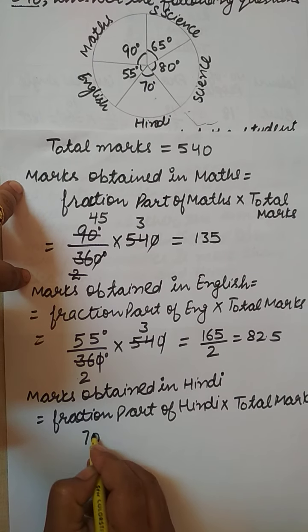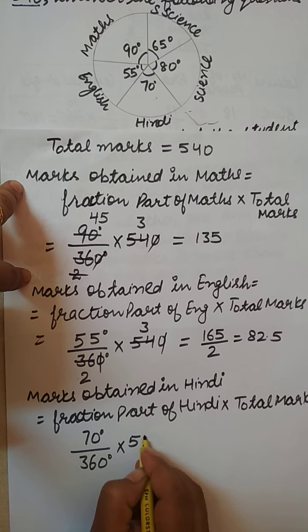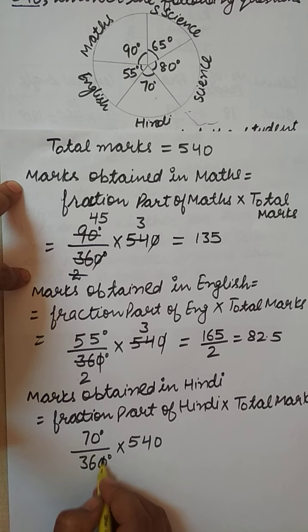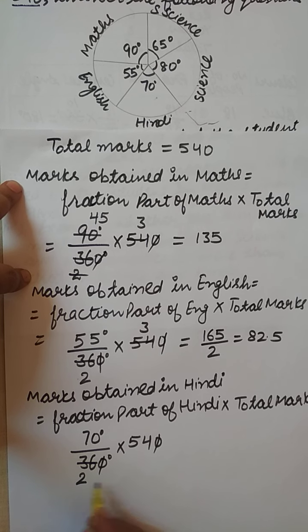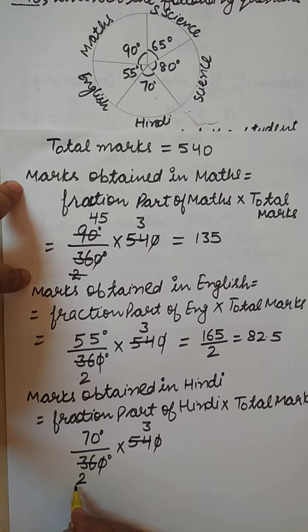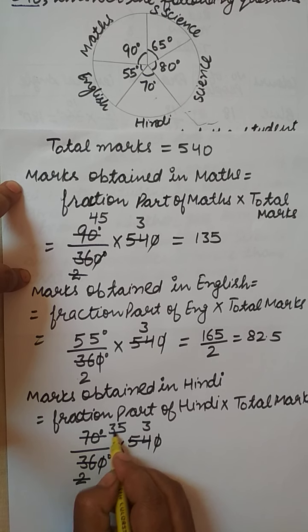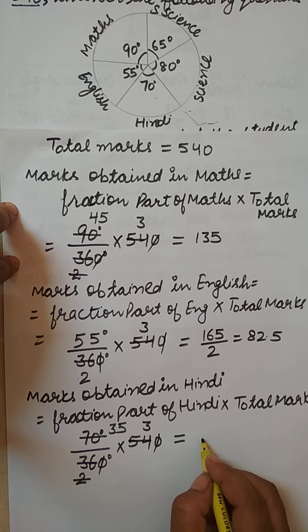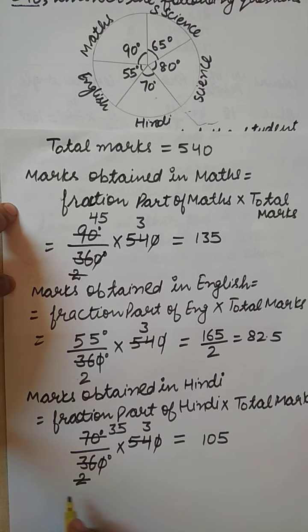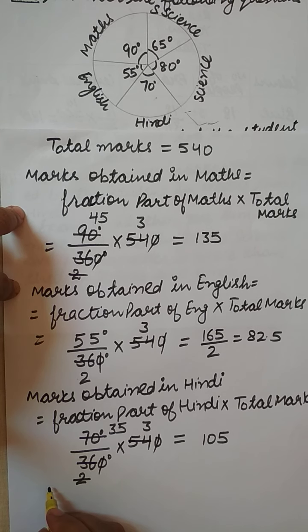So it will be 70 degree divided by 360 degree multiplied by 540. Again do the simplifications. 18 2s are 36, 18 3s are 54, 70 divided by 2 is 35, 35 multiplied by 3 is 105. Now we will calculate the marks obtained in science.